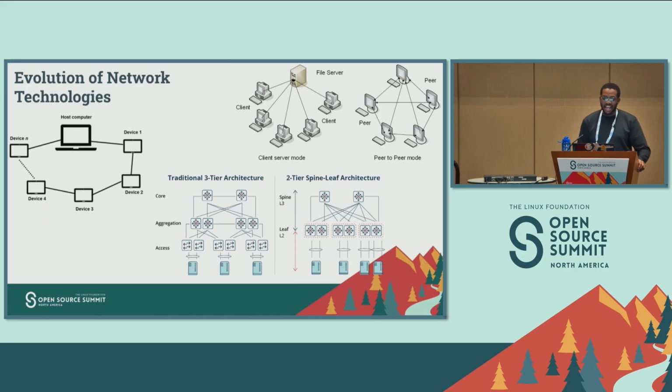And the networking topology, the way things have been done, has evolved from daisy chain looping, where to talk to one device you have to go from A, B, then to client-server modes, where there's a central file server, to more sophisticated architectures like the three-tier architecture, or the spine-leaf architecture that is mostly used in data centers today.